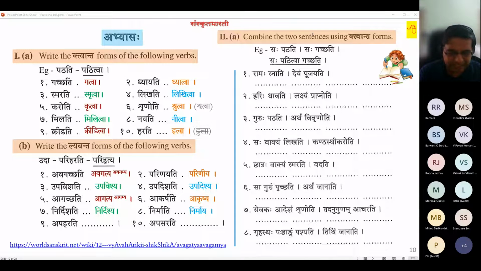I'll check this. I cannot directly search the Kridanta form, so I have to give Nirmati and go and check. Actually, the original dhatu is Mati.